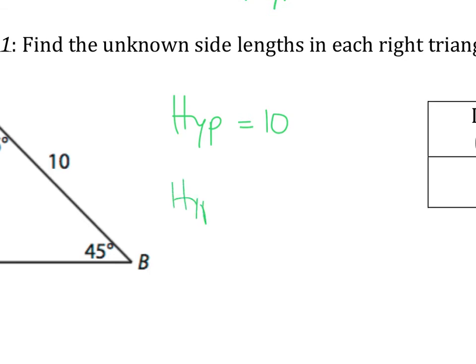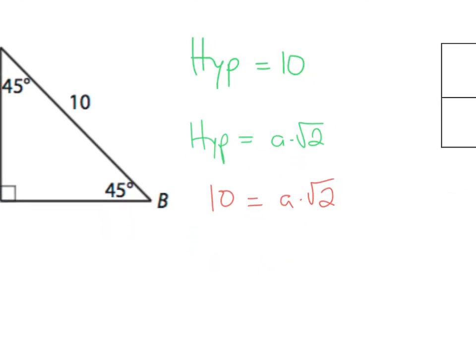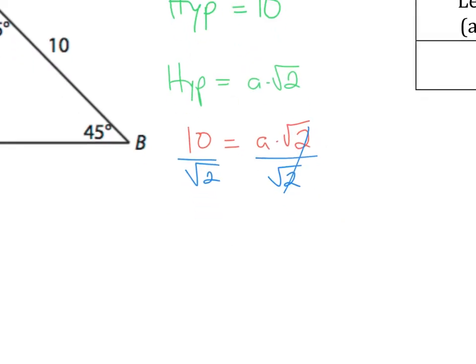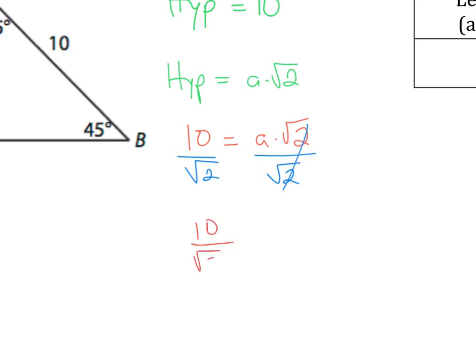So if our hypotenuse is A times the square root of 2, then we know that 10 has to equal A times the square root of 2. We're going to divide both sides by square root of 2 so we can get A by itself. Those will cancel on the right. On the left, we're going to have 10 over square root 2.